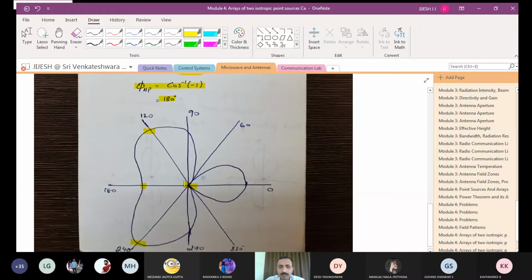So you have the minimum value, you have drawn the maximum values, and you have also drawn the half power point. So this is the field pattern or radiation pattern for two isotropic point sources of same amplitude and in phase quadrature.